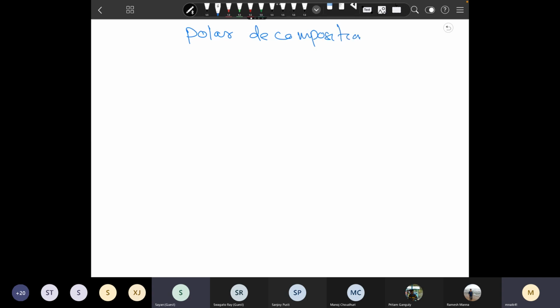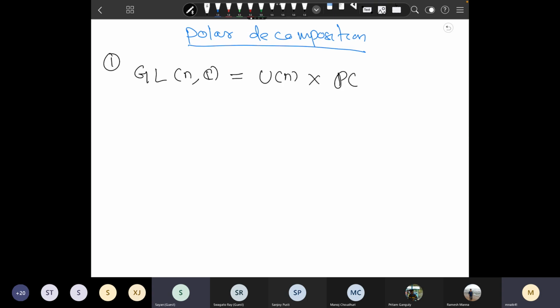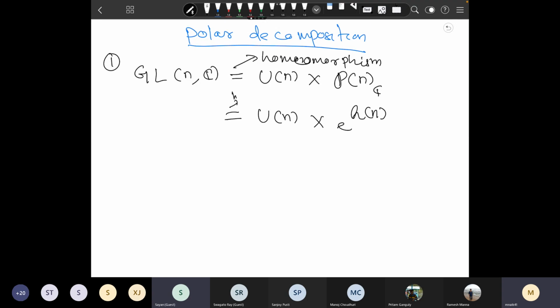First thing, you notice that GL n C is equal to U n times P n C. This is a homeomorphism. Now this U n, you can write it as e to the power some H n, and this is also homeomorphism.